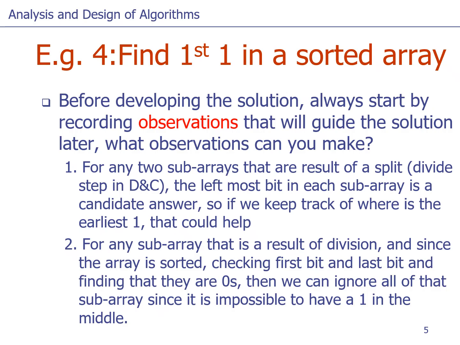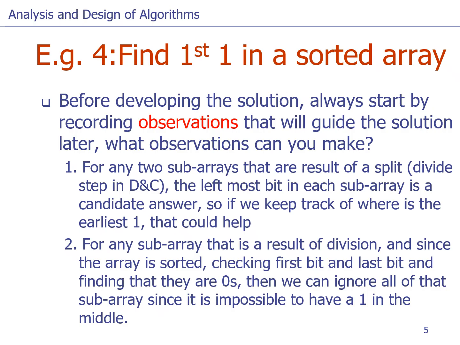Well, if I split and I have two subarrays, the leftmost bit in each one of the two subarrays has significance to me, because if I have a left and right subarray, the leftmost bit in the right subarray being a 1 is interesting. The leftmost bit in the left subarray being a 1 is interesting. Of the two, I should keep the one in the left subarray.